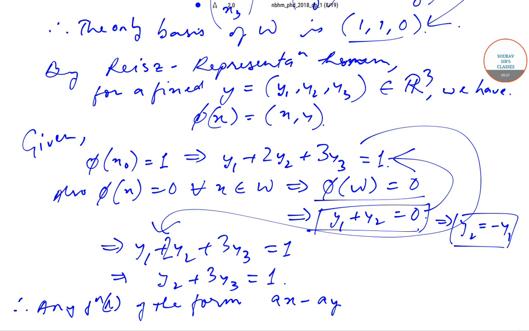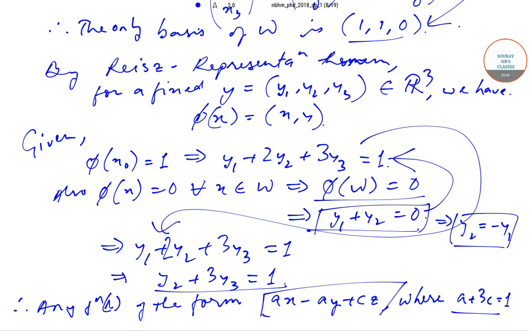This is the statement also that we need to remember. For the form ax minus ay plus cz, from here we'll get that a plus 3c is equal to 1 satisfies our given condition. So this is the linear functional form that we are looking for.